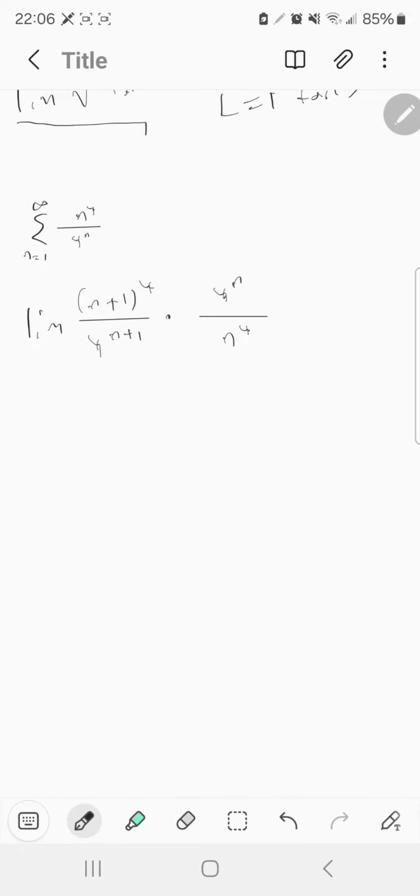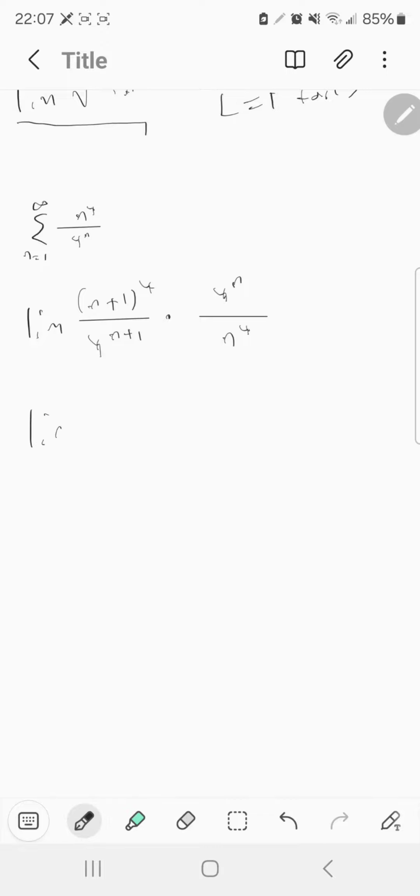Now, what you will notice is that these two, 4 to the n and 4 to the n plus 1, this is going to be a bunch of 4s for however many n terms we have, and this is going to be a bunch of 4s for however many n terms we have. But this 4 right here on the bottom, that 4 is going to occur one more time.